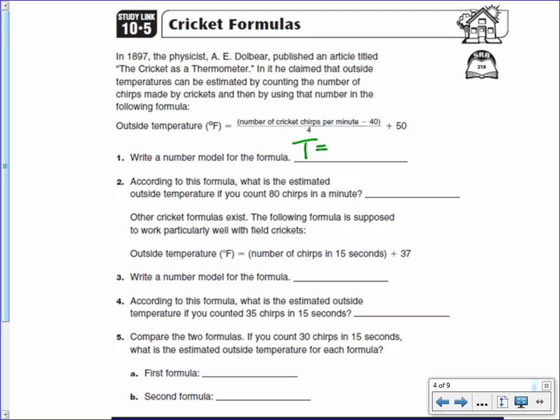So maybe let's do C for cricket chirps. We know that we have to subtract 40, divide that by 4, and then add 50. It's like a fraction. So our equation is the same thing that physicist Dolbear came up with. We just shortened it up, so it takes us much less time to write it.